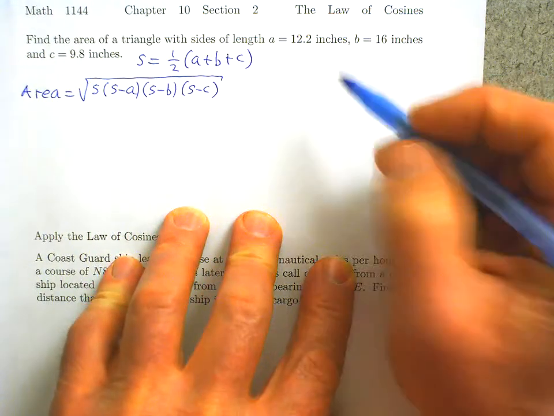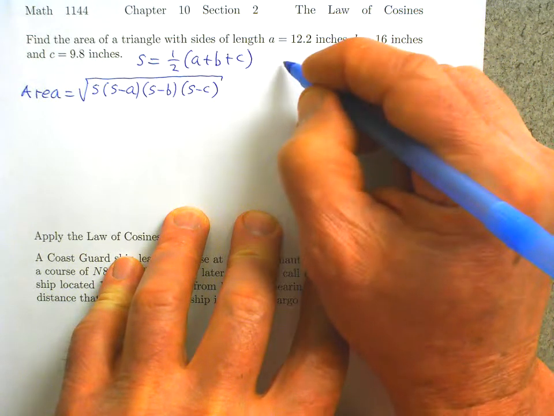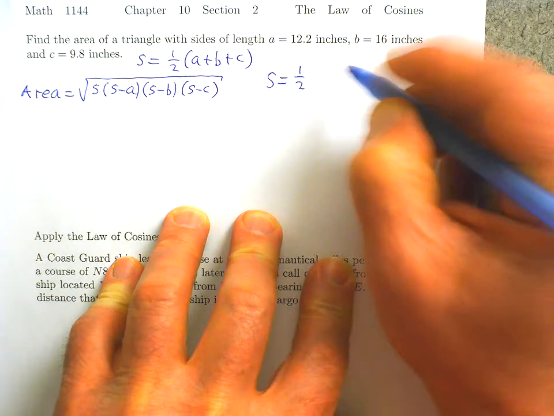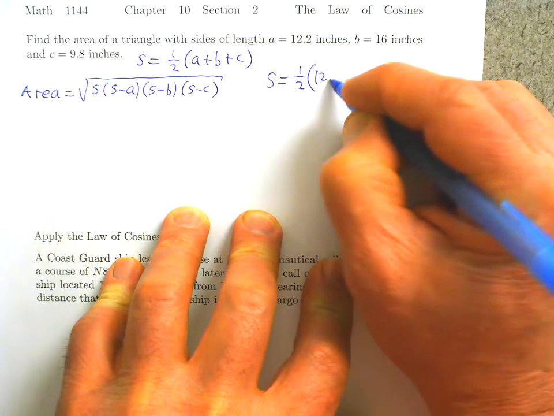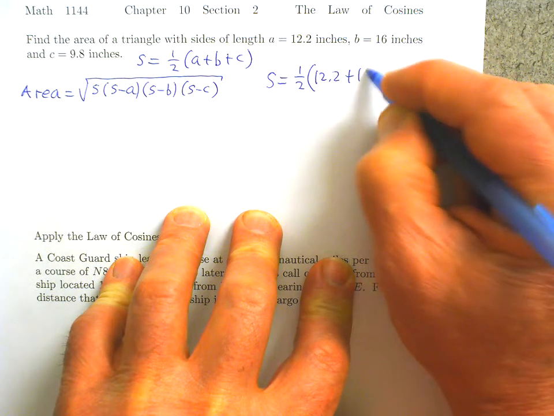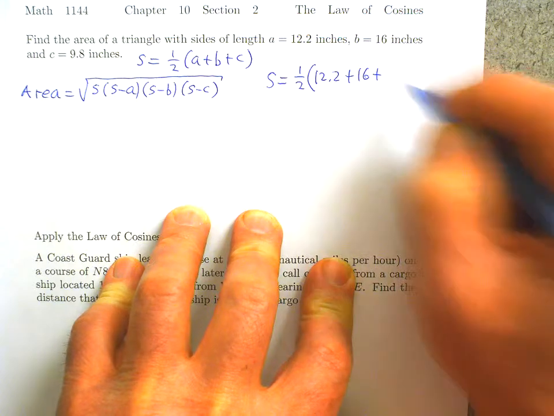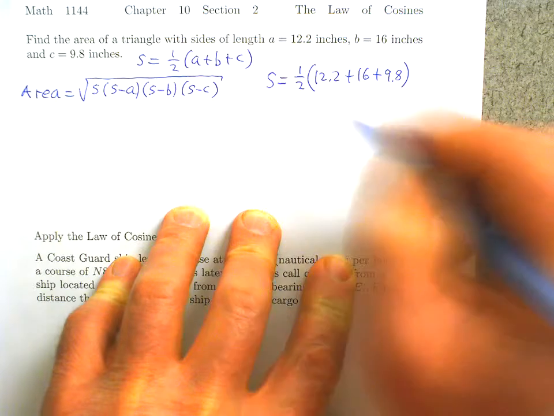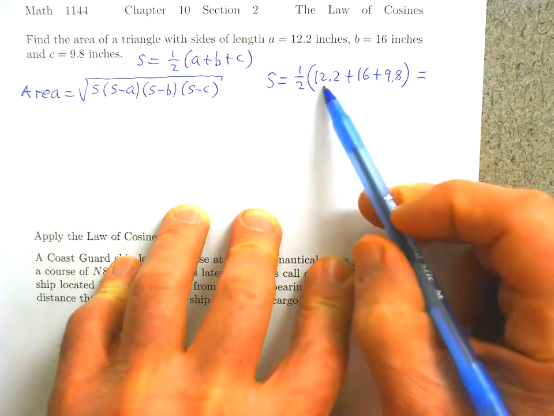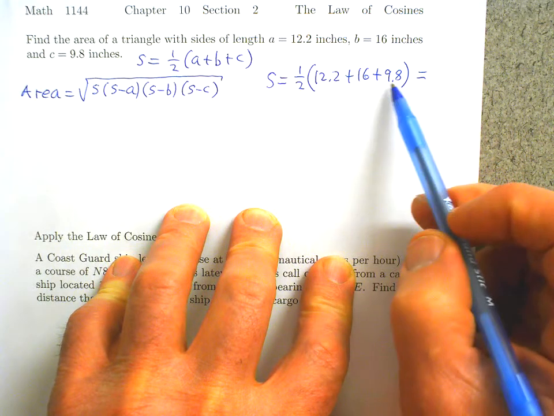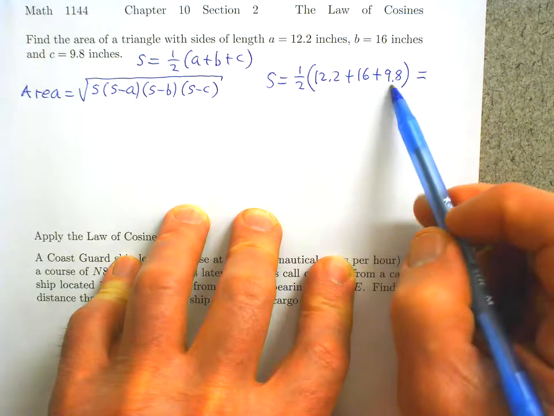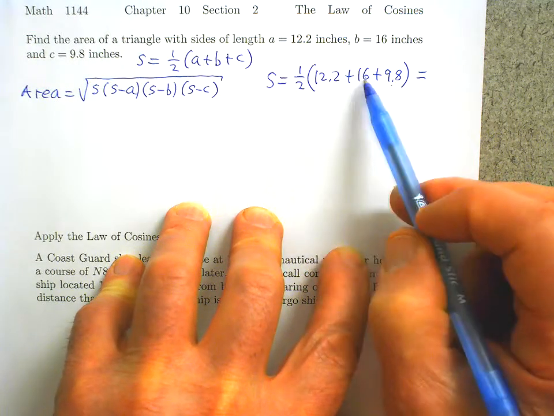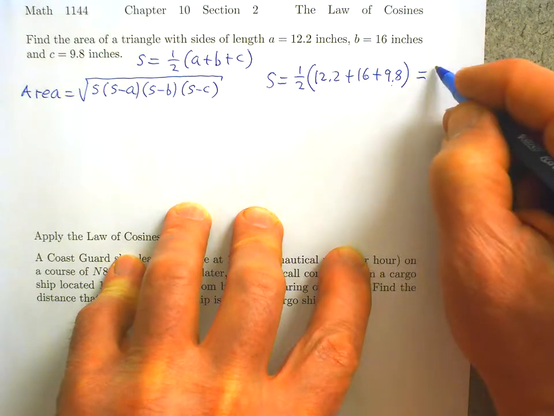Okay, so first we'll find S. So this is 1/2 times 12.2 plus 16 plus 9.8. 12.2 plus 9.8 is 22. 22 plus 16 is 38.